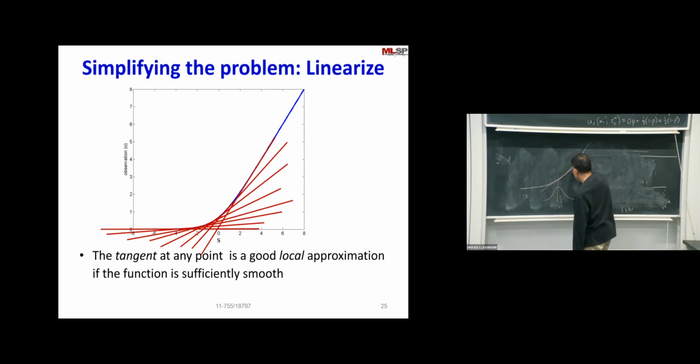So here's the thing. If I linearize, I want to linearize near the mode, not the mean, because at the most probable location, I want the error to be small. Right? In the case of Gaussians, the mode and mean are the same. And so what will happen is that although the error increases pretty dramatically as you go further away, the probability falls off exponentially fast as you go further away.